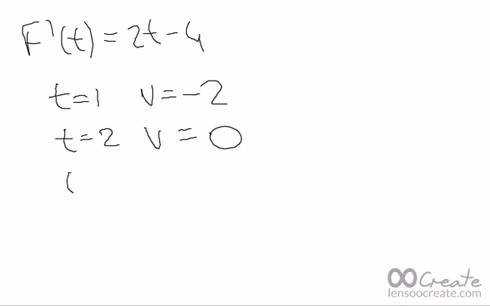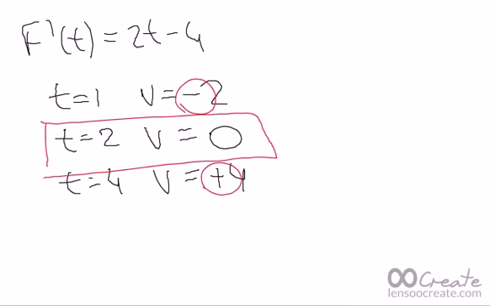If we take, let's say, t equals 4, the velocity will be positive 4. Since we're seeing that there is a difference in the signs, we go from minus 2 to plus 4, that means there is a change, and the change happens when t is 2. So that will be the answer for C.